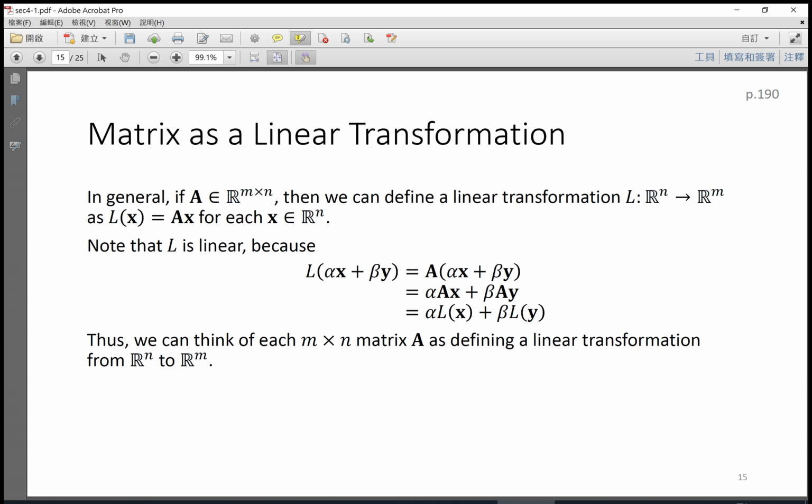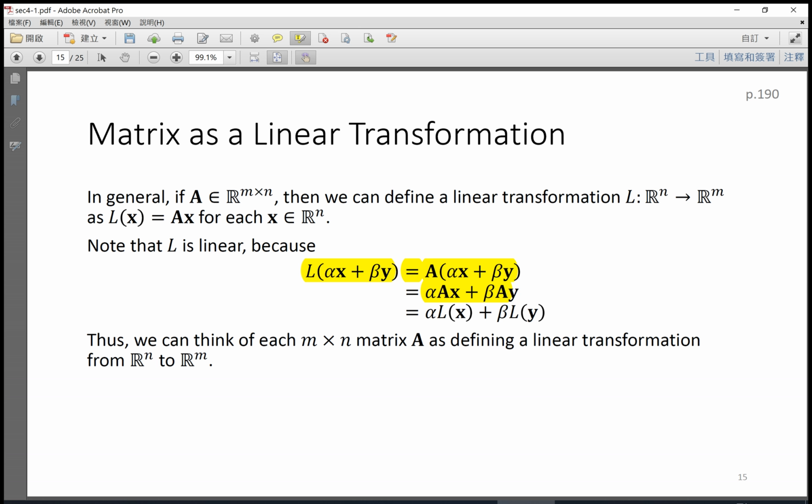We know that L is a linear transformation because L(αx + βy) = A(αx + βy). This equality is due to the definition of L. Then we know A(αx + βy) = αAx + βAy.